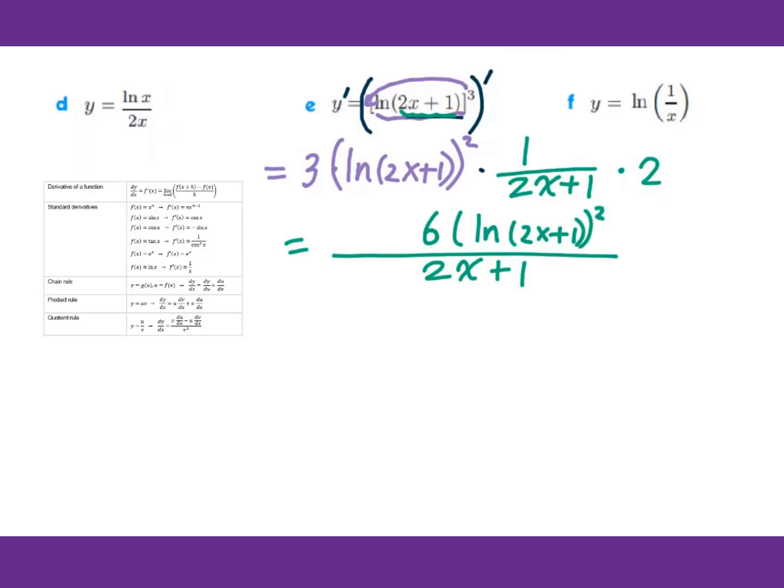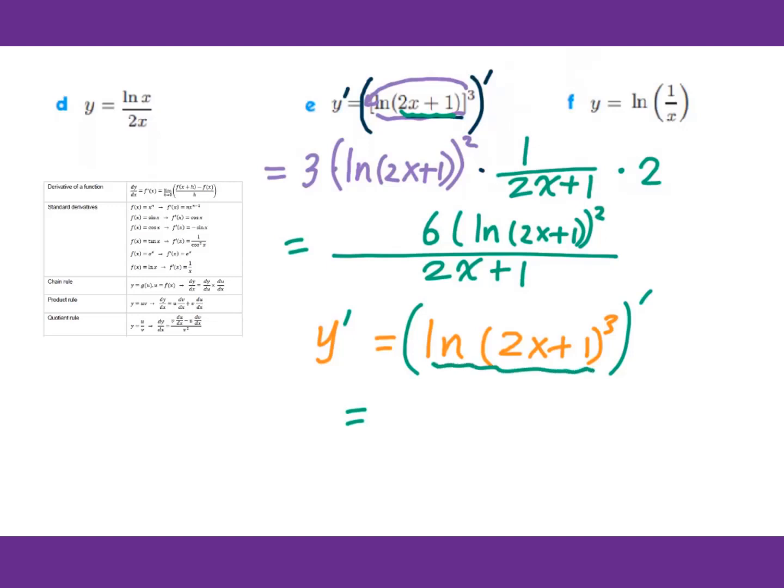You compare to this function, if we want to do the derivative of natural log 2x plus 1 to the third power. When we do the derivative for this, first of all, you will see this is a natural log function.